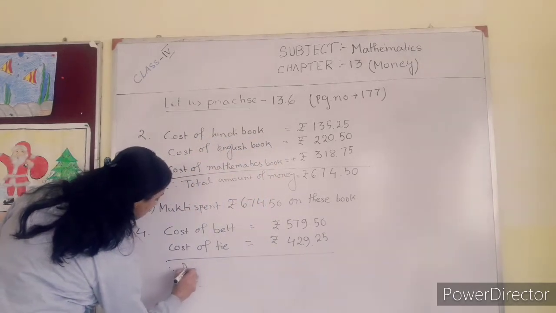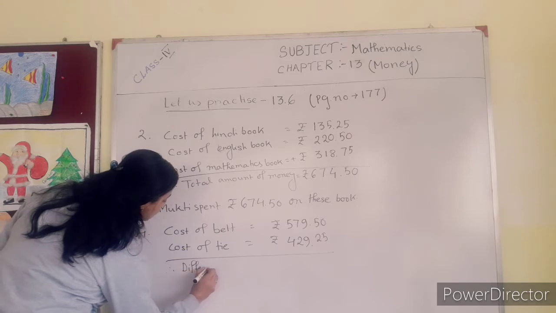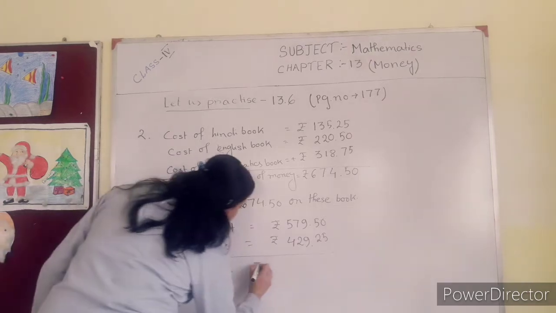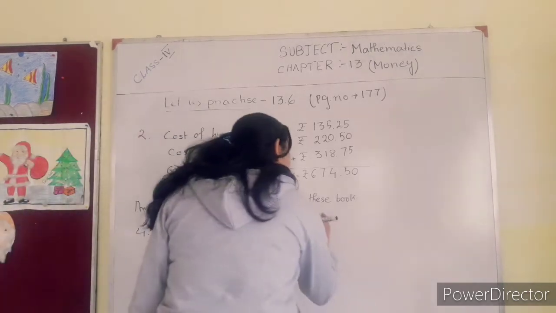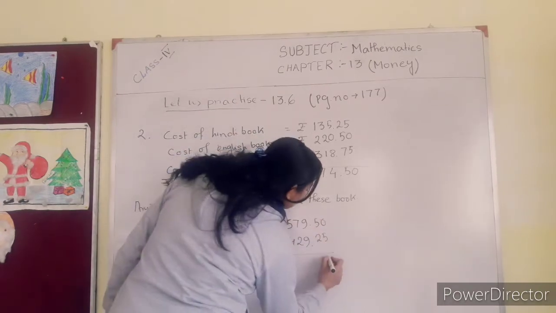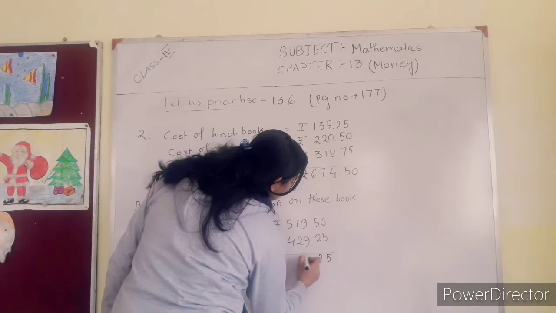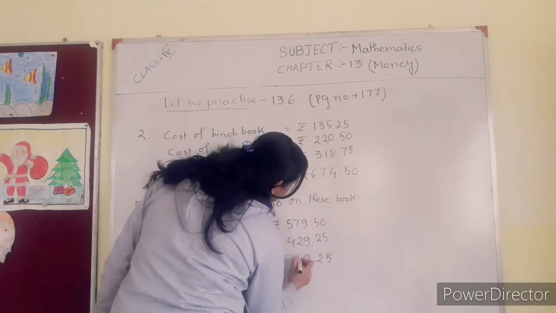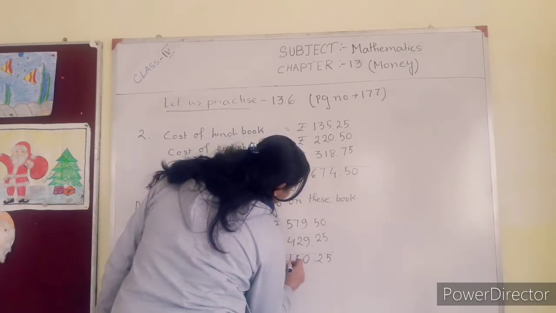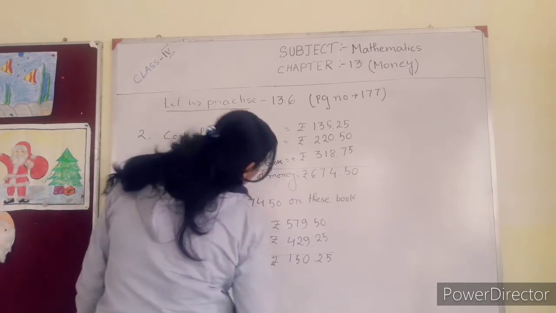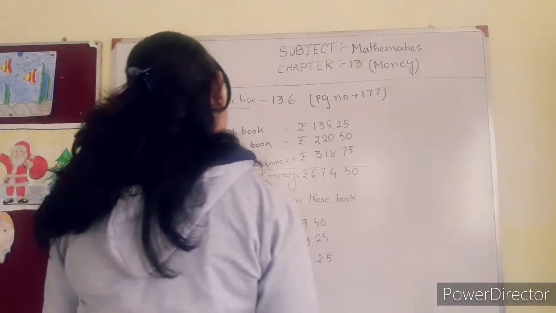Therefore, difference equals: 0 is smaller than 5, so 10, 5. You have taken 1 from 5, so 4 minus 2 is 2, 9 minus 9 is 0, 7 minus 2 is 5, 5 minus 4 is 1. So the answer is rupees 150.25.